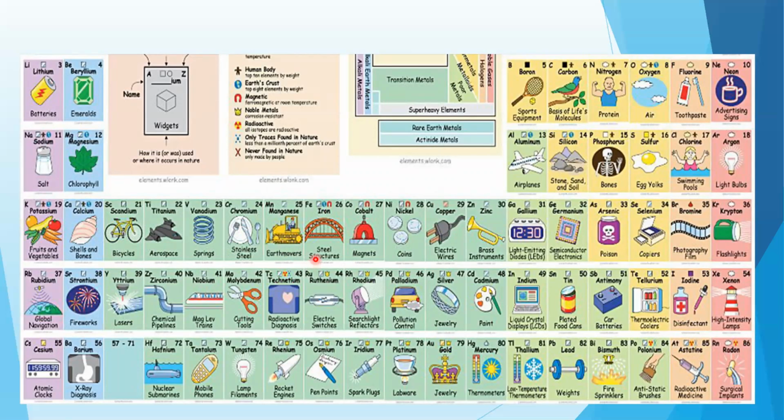Then iron for making steel structures, cobalt for magnets, nickel for coins, and copper, which has the highest ductility, so it can be used in wires. Zinc is converted into the alloy known as brass, used in making a number of instruments. So just go through this, and you will find why we are learning these elements and where they are used in our day-to-day life.